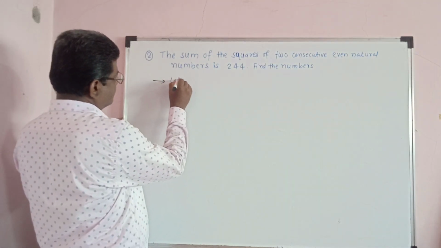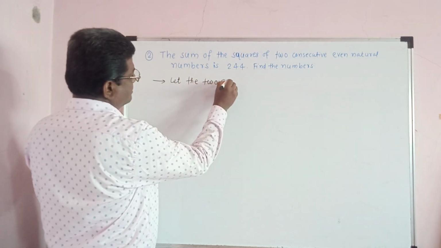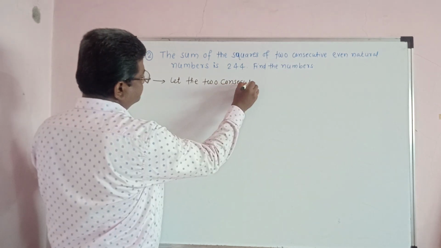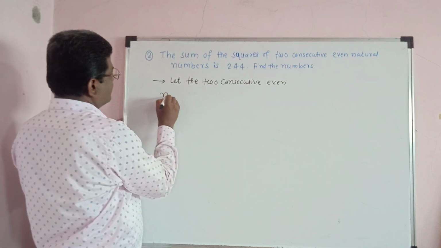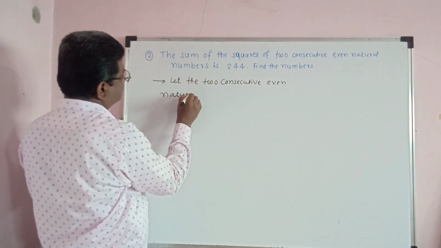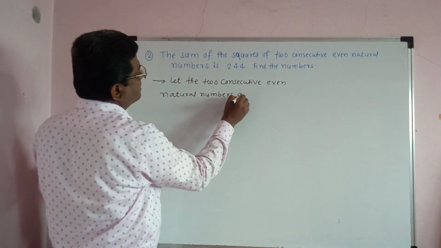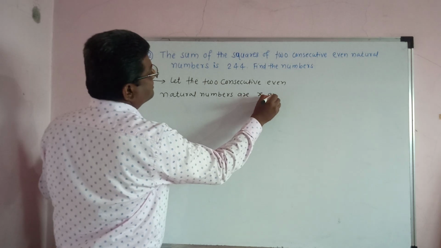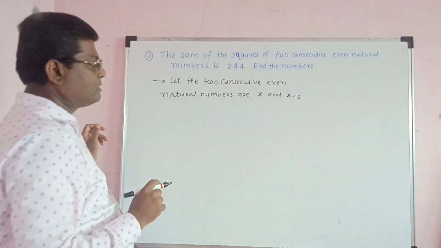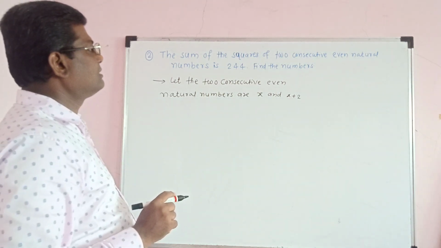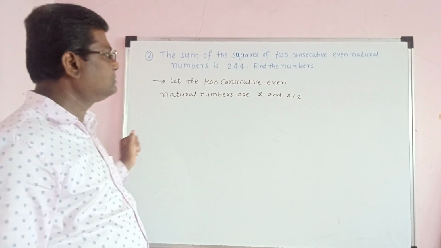Let the two consecutive even natural numbers be x and x plus 2. We know that consecutive even natural numbers differ by 2.